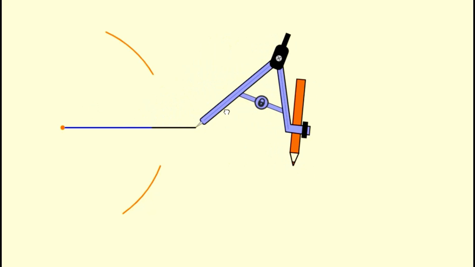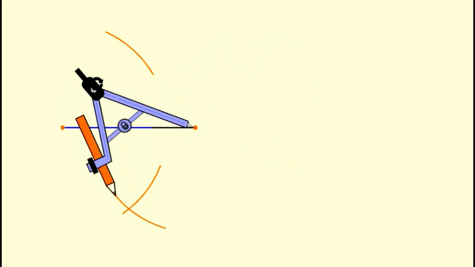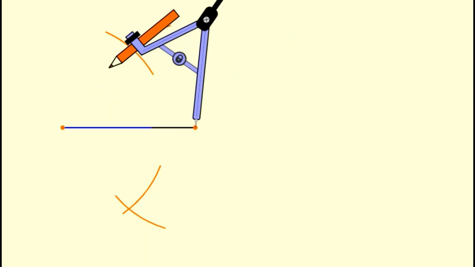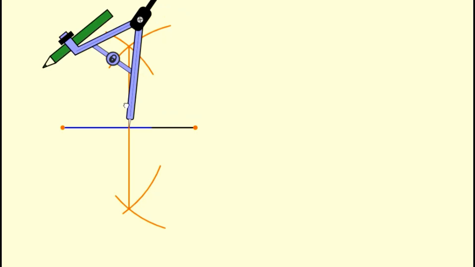Put the compass at the other end. Take the same radius and again draw arcs on both sides. Mark the points of intersection and join them. This is the perpendicular bisector of the given line and it passes through the midpoint.